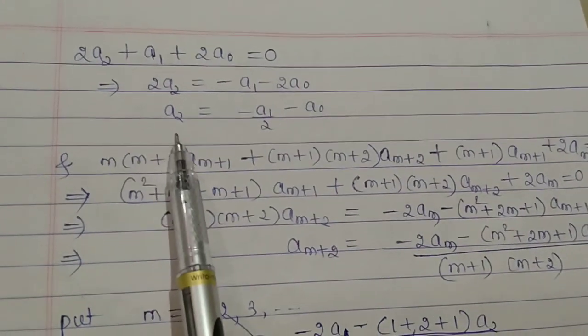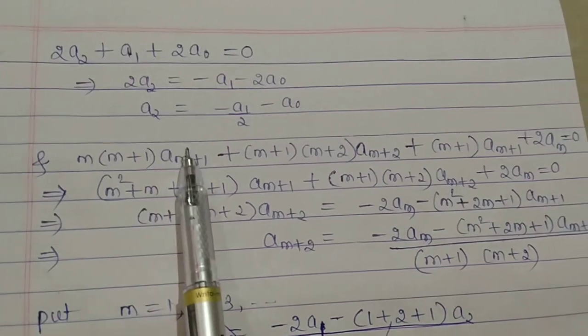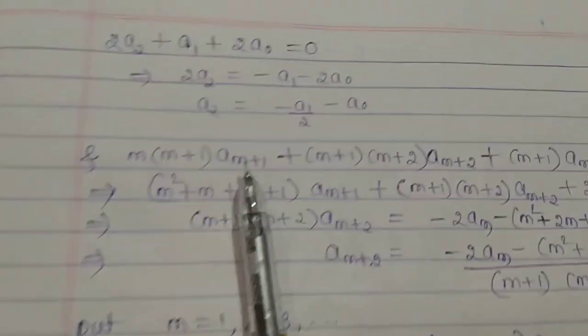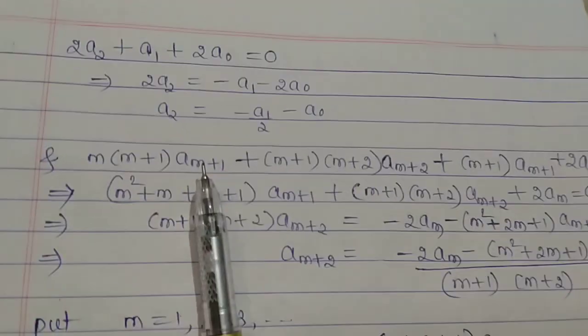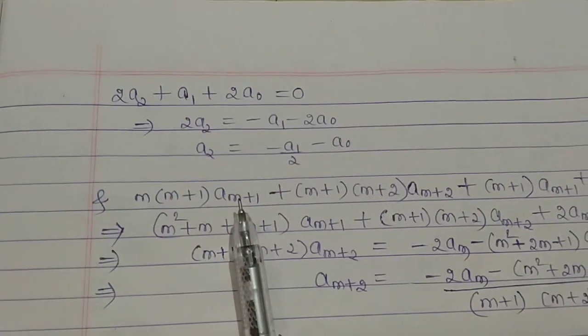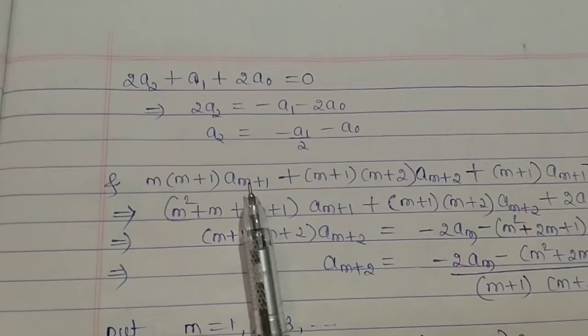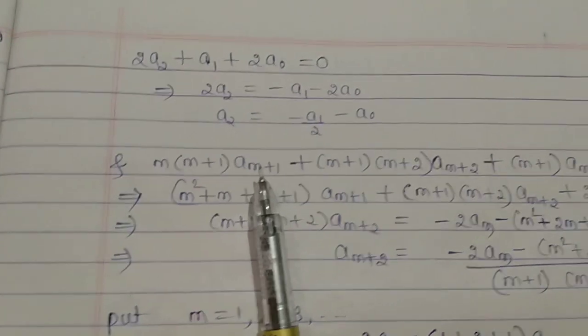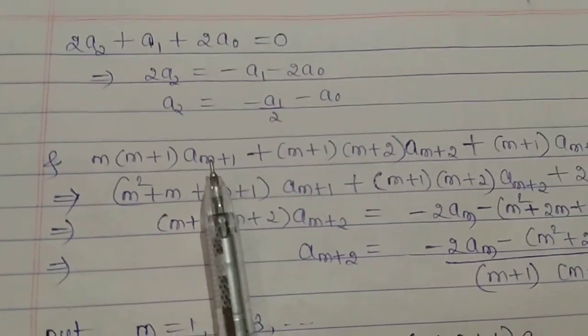So I have my a2, and I have to find a3. For that, I have to find my recurrence relation, isn't it? What is this recurrence relation? I have to equate the various powers, that is the highest power of (x - 1), which is given by the power m, that is 0.